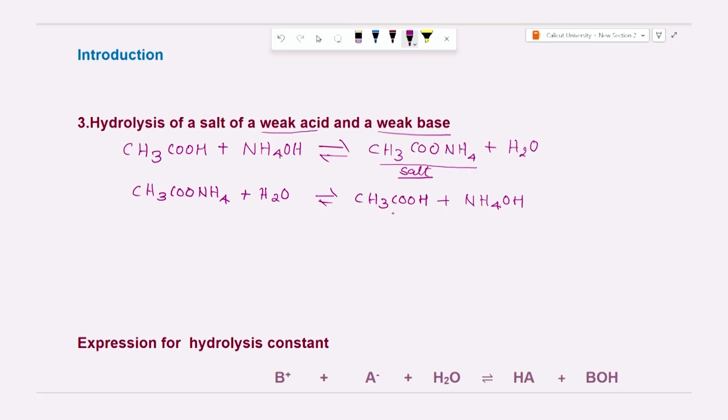Now, you can see that you are having acetic acid as well as ammonium hydroxide. In this case, acetic acid is a weak acid, and ammonium hydroxide is also a weak base.